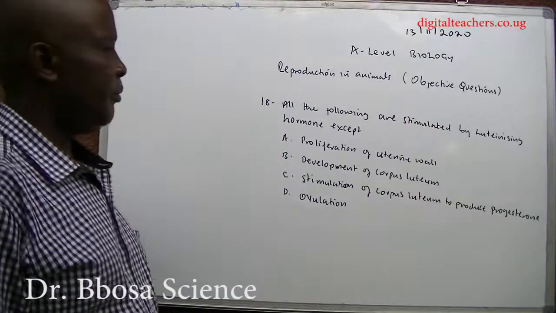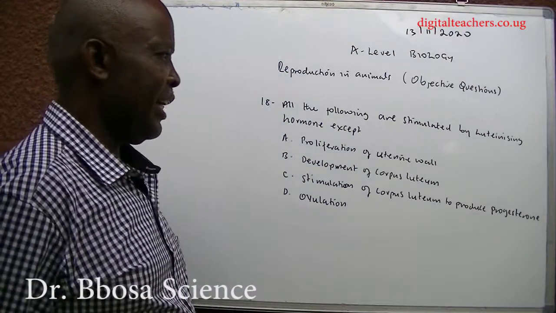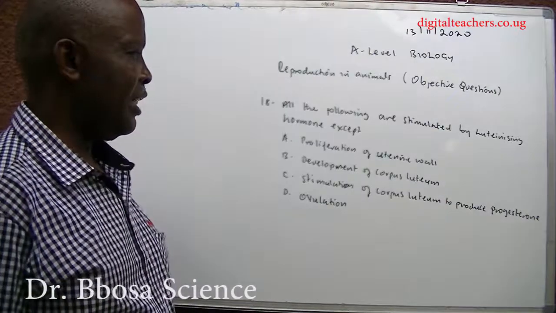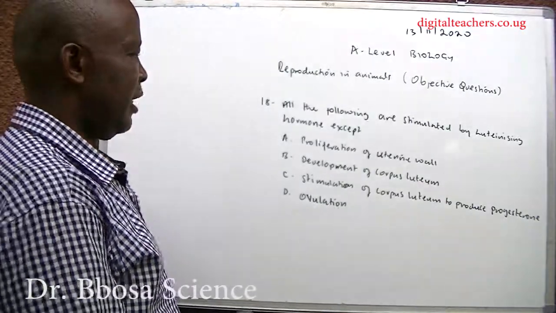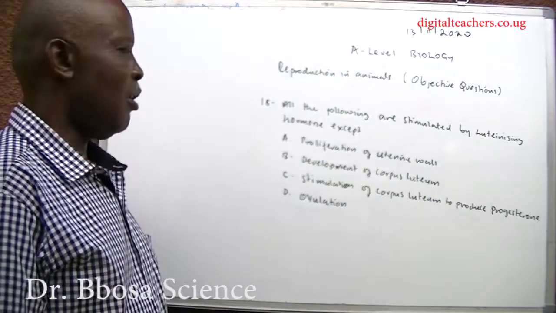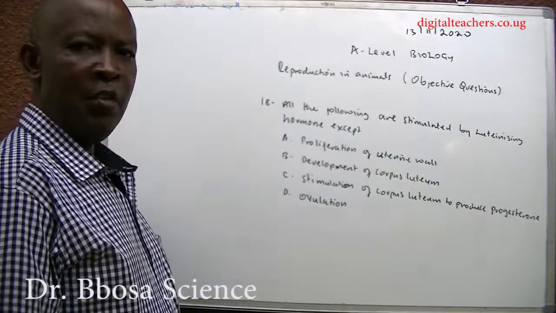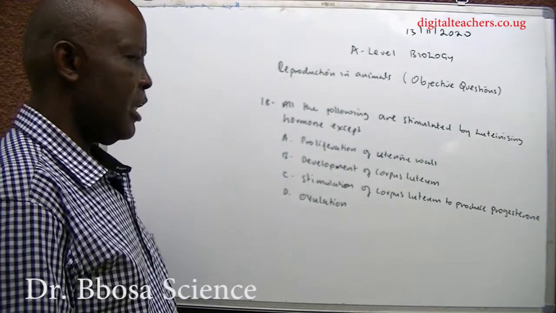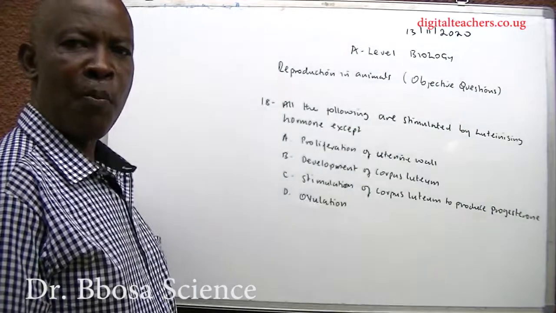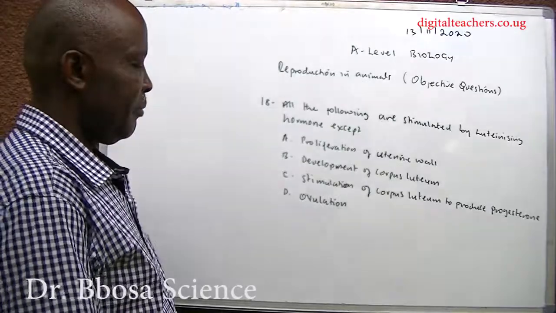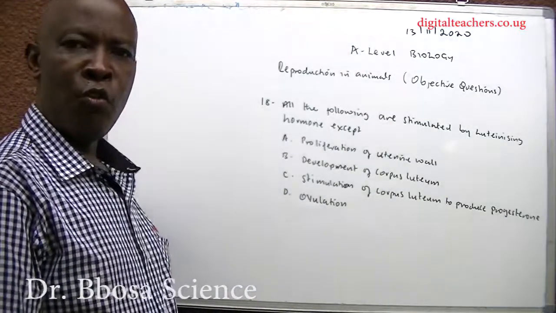Number 18. All of the following are stimulated by luteinizing hormone except A. Proliferation of uterine wall. B. Development of corpus luteum. C. Stimulation of corpus luteum to produce progesterone. D. Ovulation.